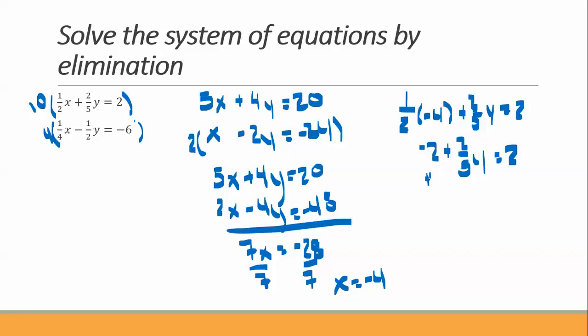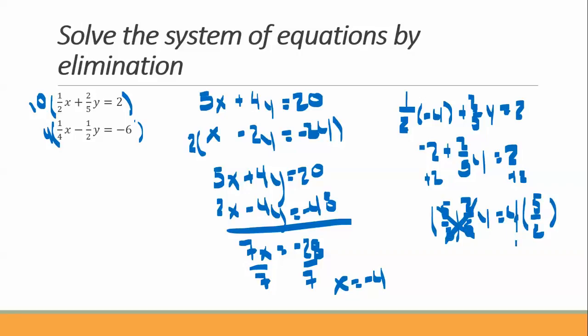Add 2 to both sides. We have 2/5 y equals 4. We're going to multiply everything by the reciprocal, which is the same as dividing. So 2/5 times 5/2, those divide out, and we have 4 times 5/2, so that would be y equals 10.